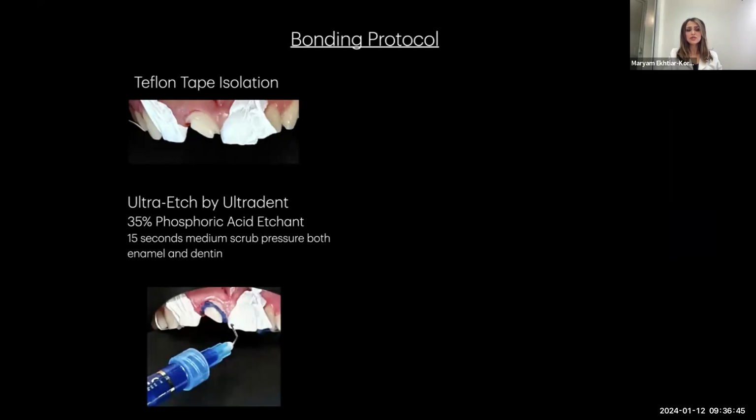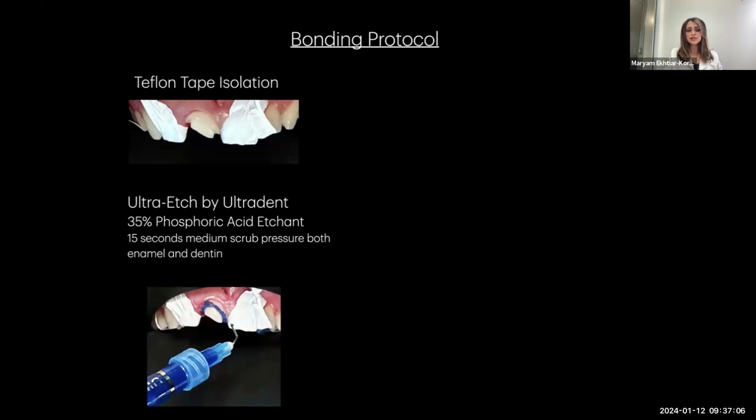It's 35% phosphoric acid etchant. Glidewell CAD-CAM allows up to 37% acid etch. I've used Ultradent for years. It stays intact, and so I use it on this case as well.